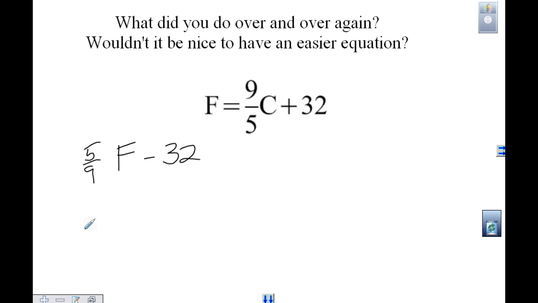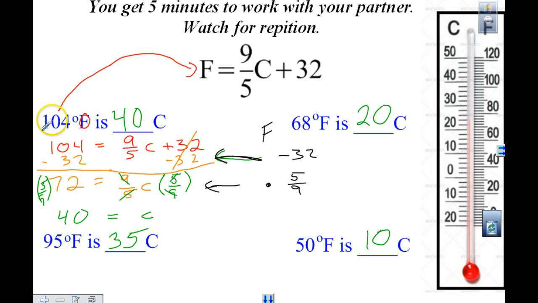Now, does that work? That's the same 2 steps. I subtracted 32, and then I multiplied by 5/9. If you plug in 104 here, do you get 40?